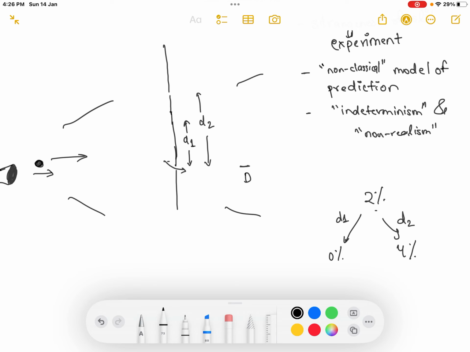It was somehow affected by the paths it was traveling from and the distances of these slits and their sizes and where they were exactly, the number of them, all of that was affecting what we were seeing as clicks on D. So this opened up a lot of controversies and a lot of gaps in the currently known physics and led to the invention of quantum mechanics.